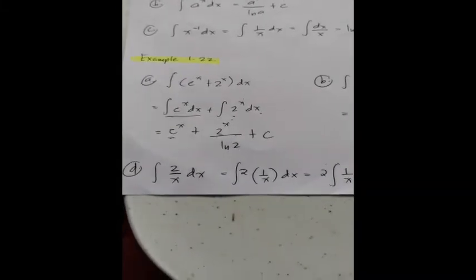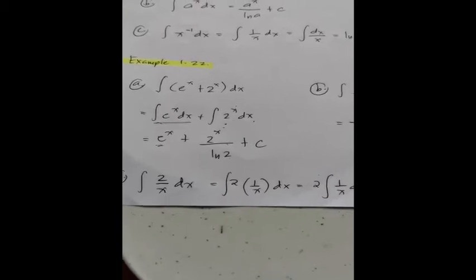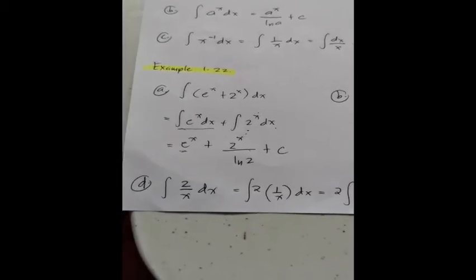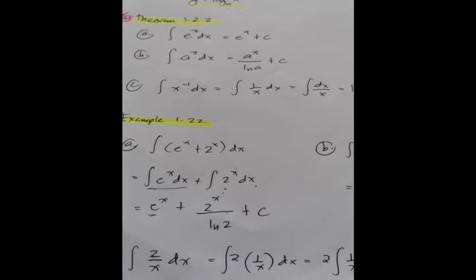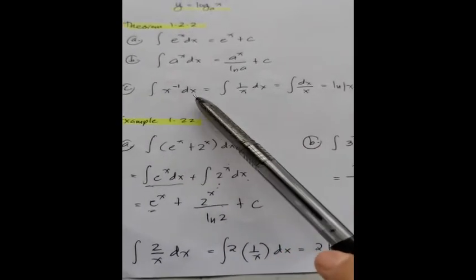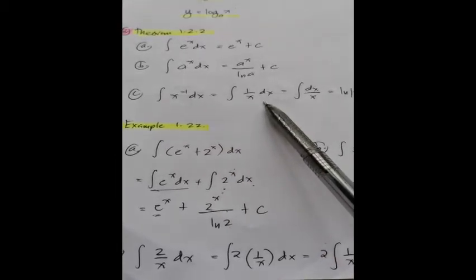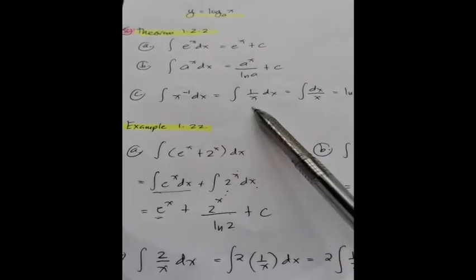Okay, another example. Letter D. The integral of 2 over x dx. Okay, so di ba sa theorem 1.2.2 letter C, ang meron lang tayo class is the integral of x to the power of negative 1 dx, or this is just equivalent to 1 over x dx.